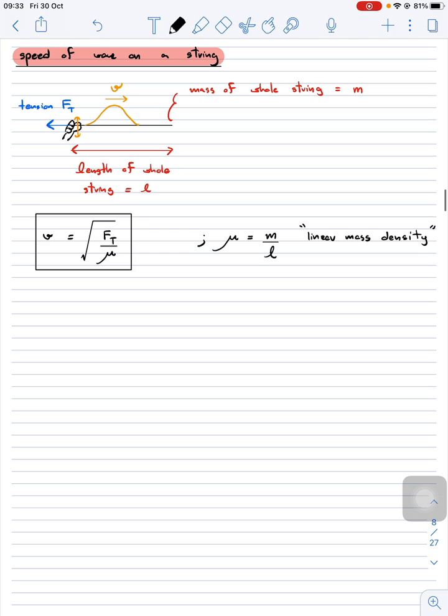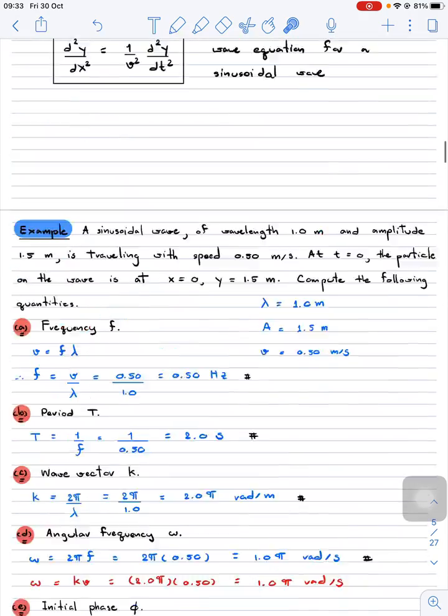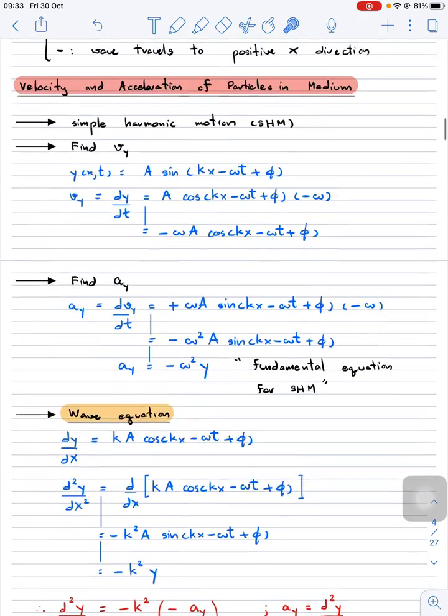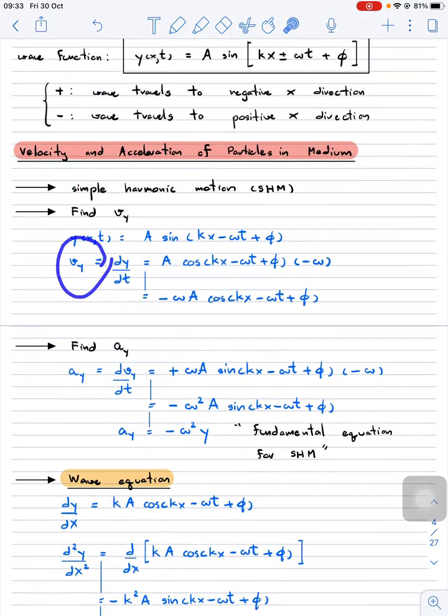But one thing that you need to keep in mind is that this equation is going to work if and only if v is much greater than vy. So you remember the vy, right? What is vy? The vy is the velocity of the element on the string. It's just oscillating up and down here. Don't forget that.